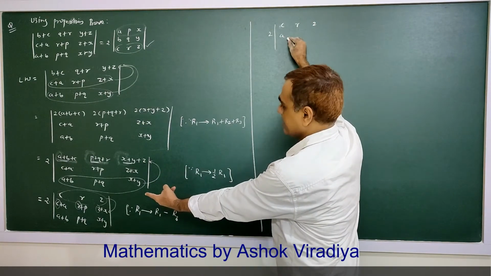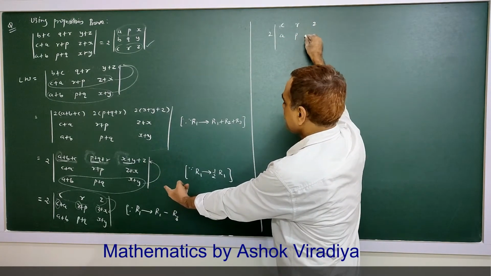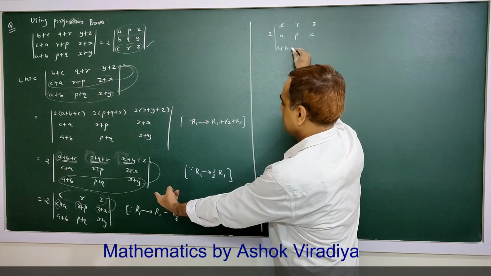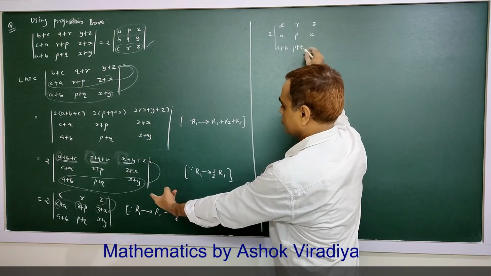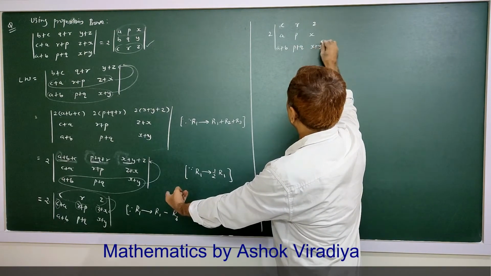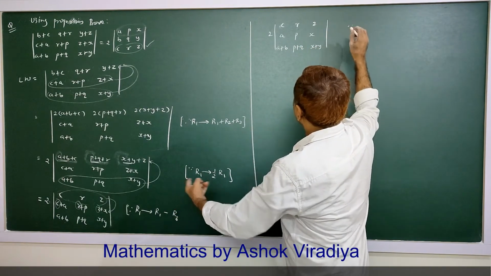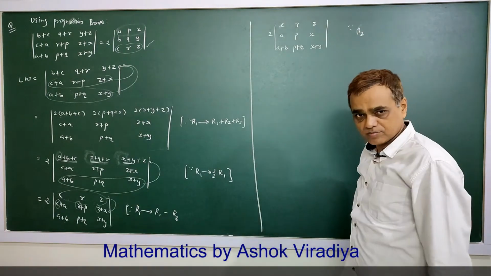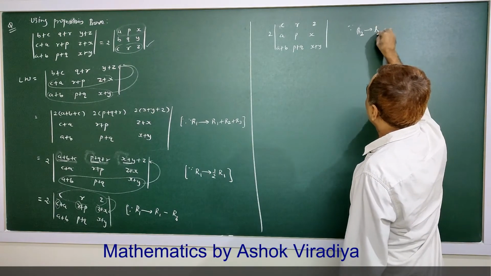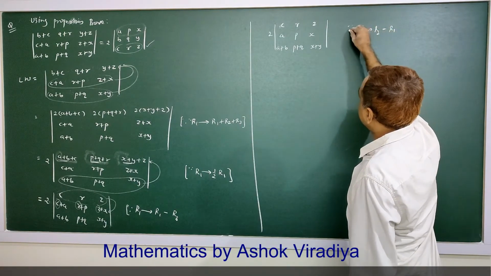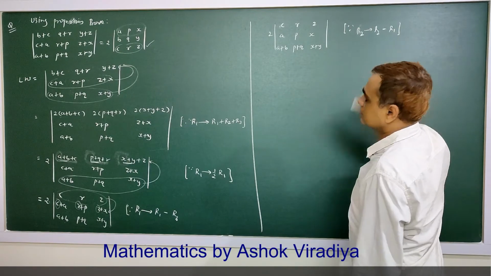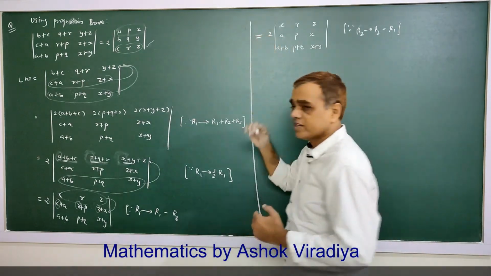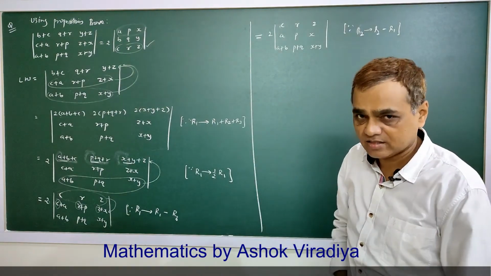So what is left? APX, A plus B, P plus Q, X plus Y. So what is done here? The change is in the second row. In the second row, the first row is subtracted. So doing this operation, the value remains unchanged, so we continue them by sign of equality.